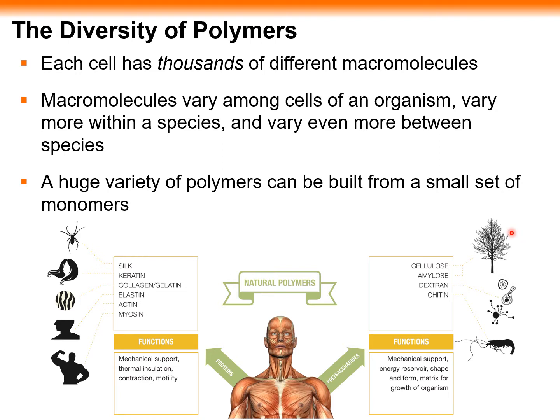Things like cellulose, your paper, is a polymer of sugar. Amylose, dextran, and chitin, the shells that we find in things like shrimp or crayfish or lobsters or crabs, that's made of a polymer of sugar. It's all sugar. And again, lots of different functions for different structures here.